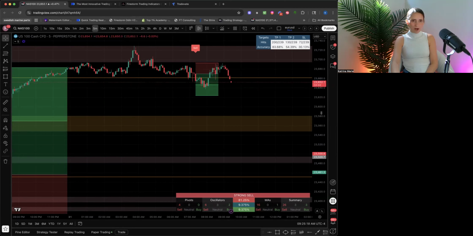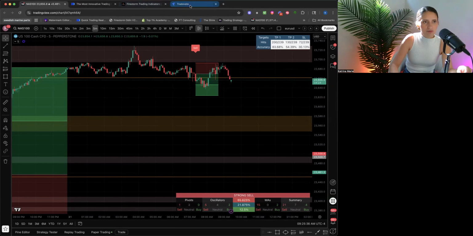Oh, we got a bunch of buyers and sellers building up. Another thing that you guys can use if you want to take a look at order flow and see how it's building up is if you go to Tradovate and sign in.